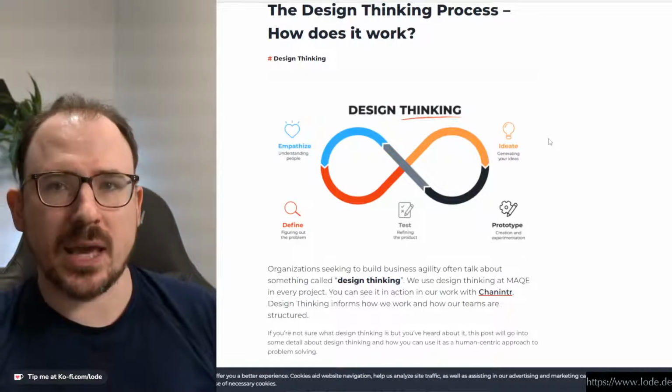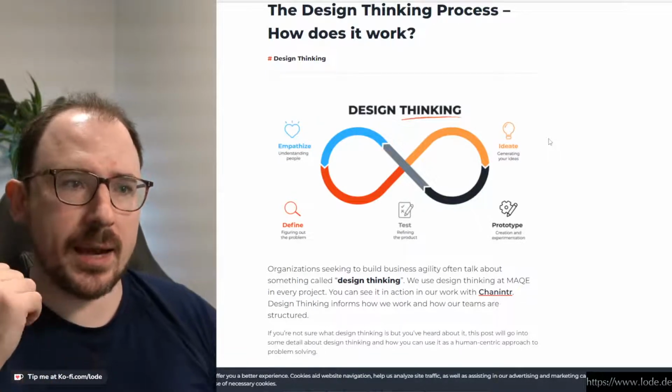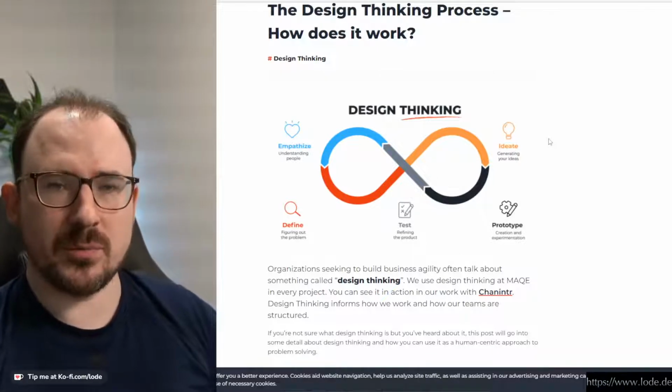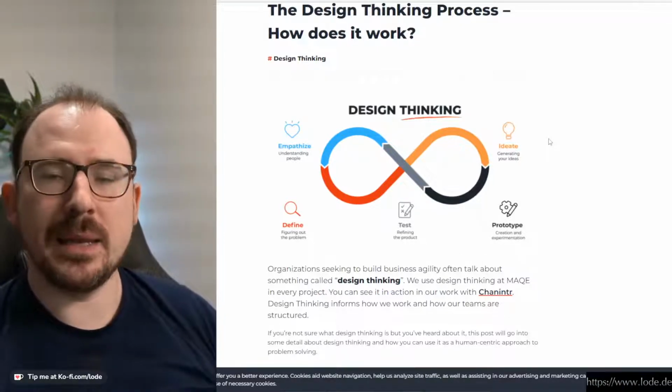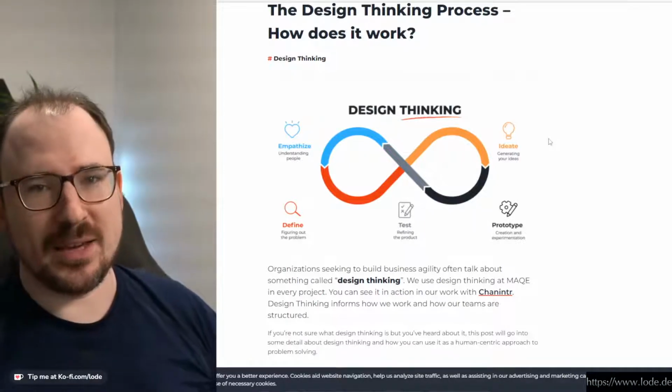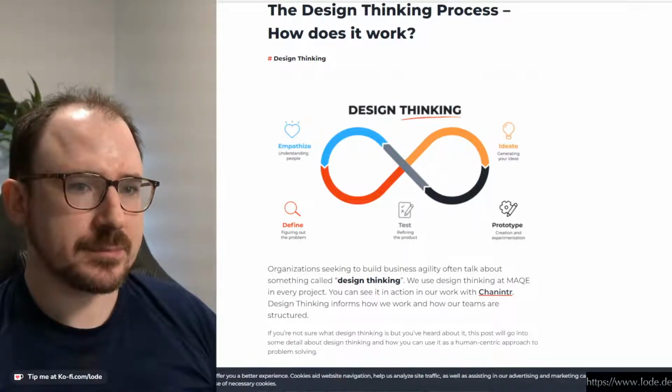We will look today at both design thinking again, and also at the hero's journey from Joseph Campbell. You should be familiar with it if you're a writer.